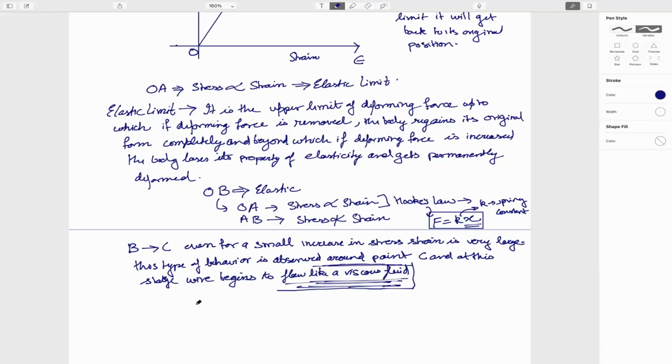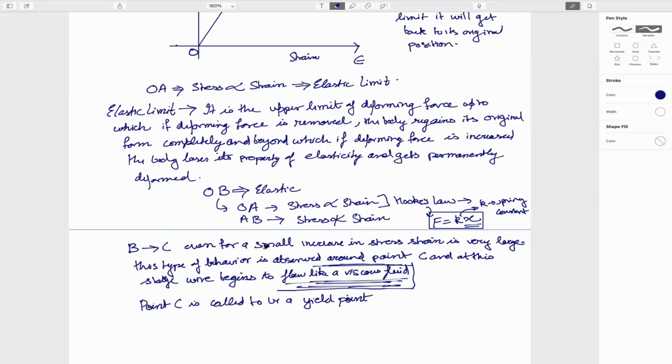But in general, point C is called the yield point. When we are going from B to C, stress is not proportional to strain, and it loses the elastic limit.